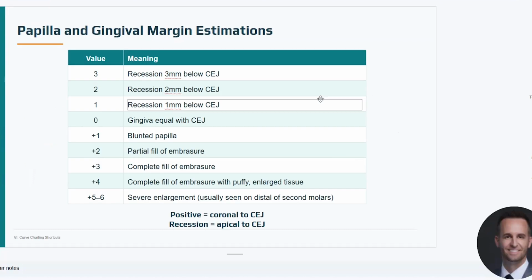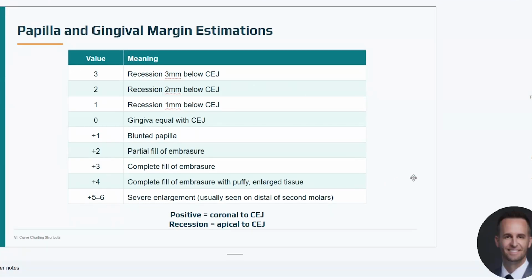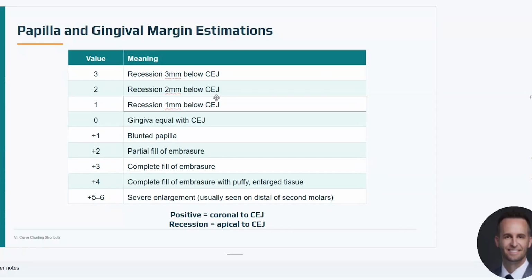So this is going to be your bread and butter for gingival margin estimations. People have a hard time understanding how much overgrowth there is because they're like, I can't peel that gum tissue back to see where the CEJ is in relation to this gingival margin. How do I know what it is if I can't peel that back and see it? Well, I want you to use these general rules.